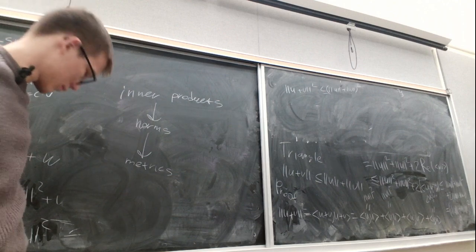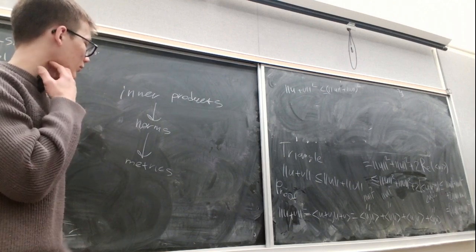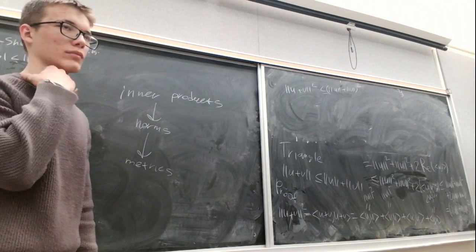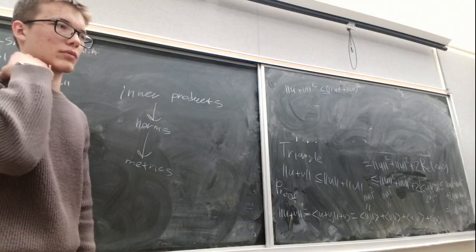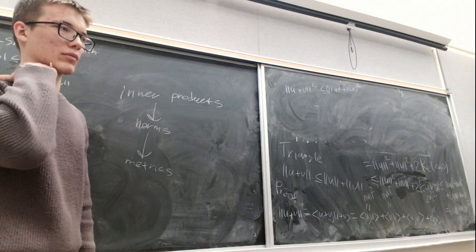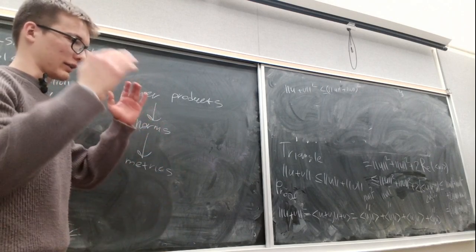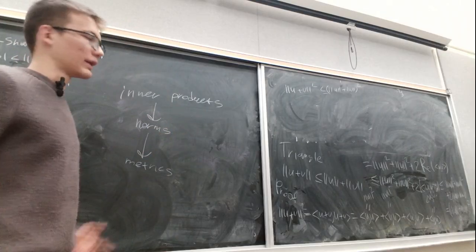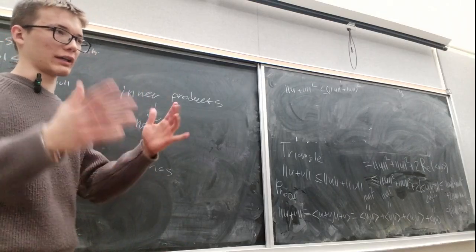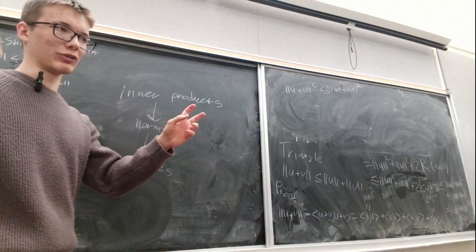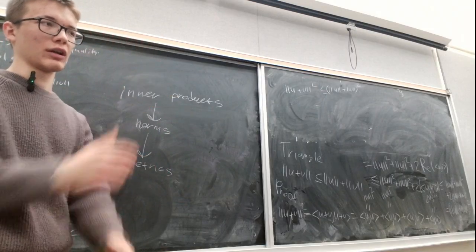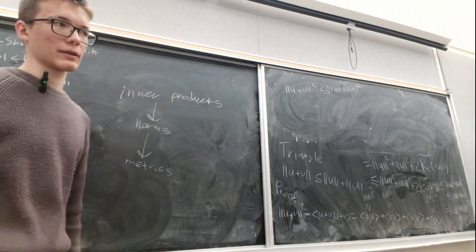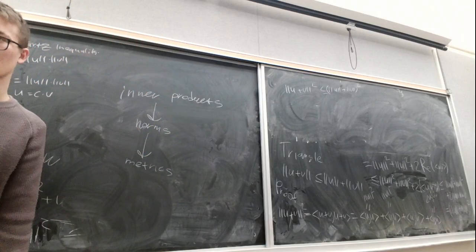Next question, do norms give you inner products? Probably not. Intuitively, why? Norms tell me something about the length. But an inner product has information on direction, it tells you the angle between two vectors, right? Norms just tell you about lengths of vectors, so it doesn't have a direction.